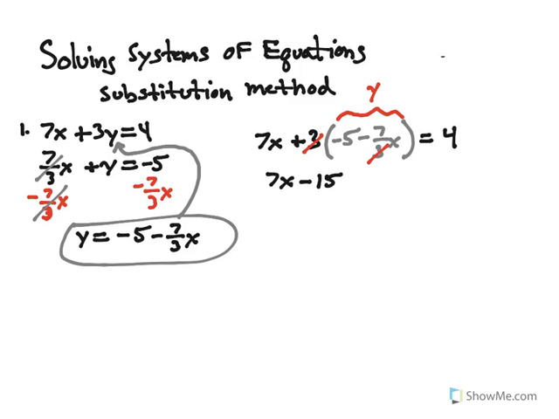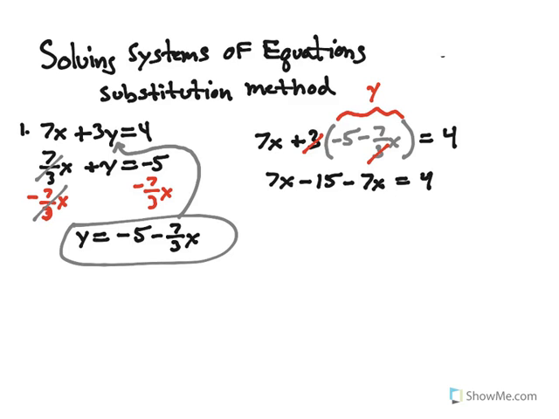When I take 3 and multiply it by a negative 7/3 x, the 3's will cancel. Then I'm just left with negative 7x. Then bring down the 4, and get all the x's on one side and the numerical terms on the other.